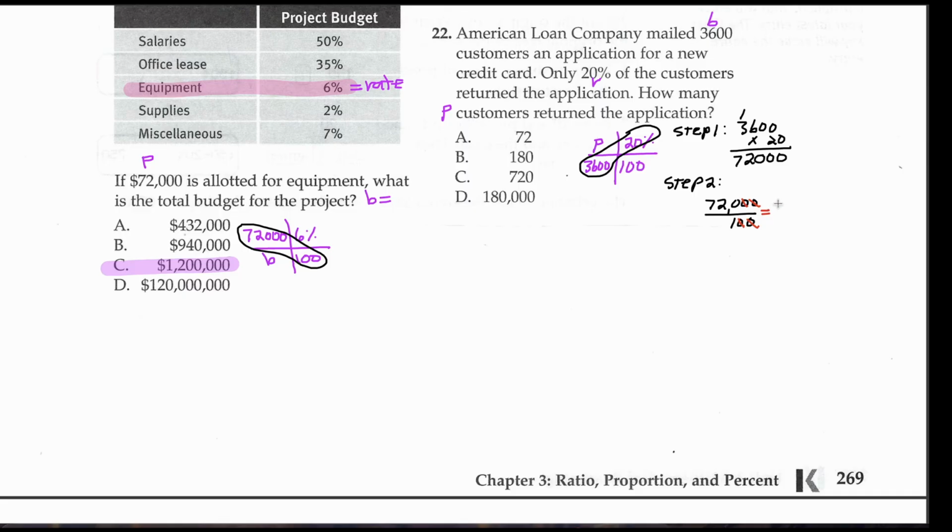So what I have left is 720. Now, what is the 720? 720 is the number that actually returned the applications. So mark 720 as C.